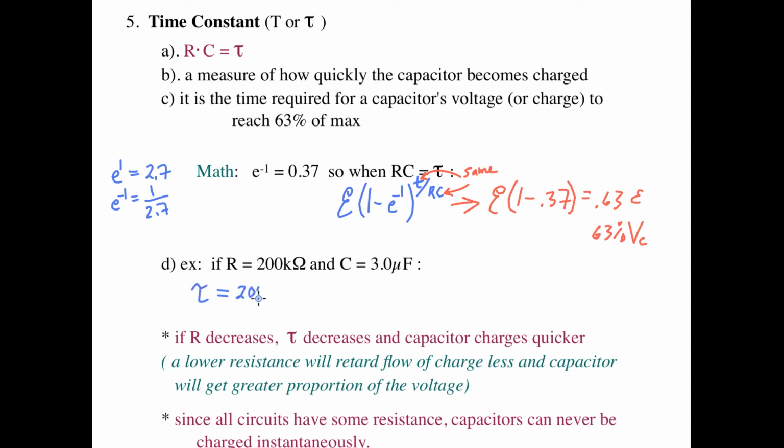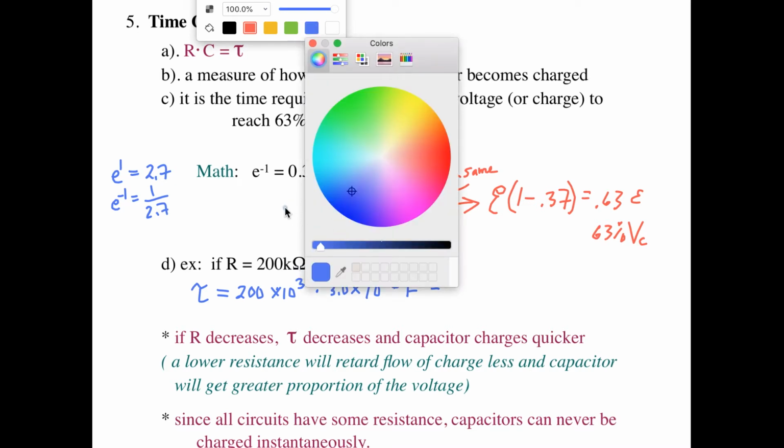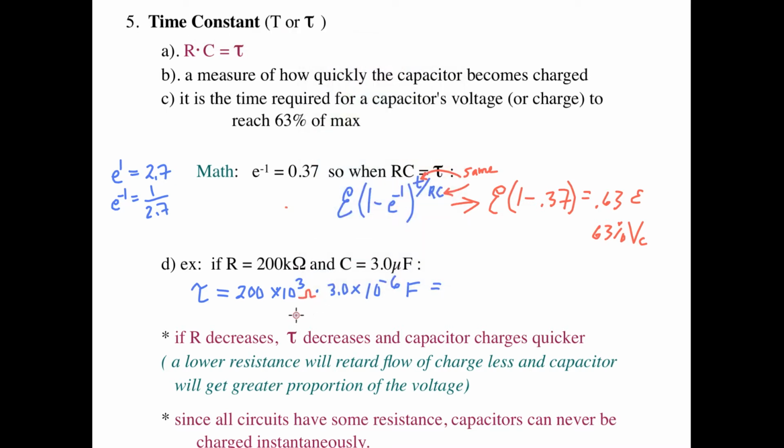We're going to have 200 times 10 to the 3 ohms, times 3.0, and don't forget the micro, times 10 to the -6 farads. Let's take a look at these units real quick.